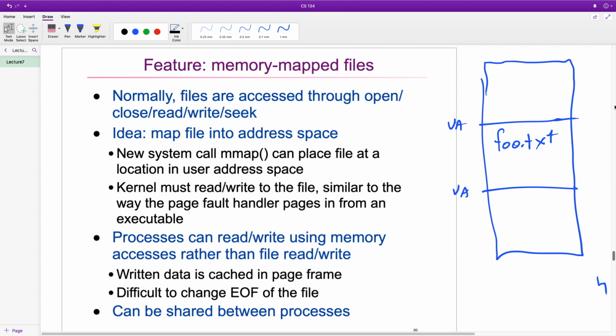So you can read and write using these memory accesses, and then this data is cached in here and eventually makes it to the file. Would we ever move this out of memory before we need another page immediately? Could you have something that goes around and moves dirty pages out of memory? Yes, you would definitely. There's a lot more, and we'll talk about VM in more detail later, but it's a good idea.